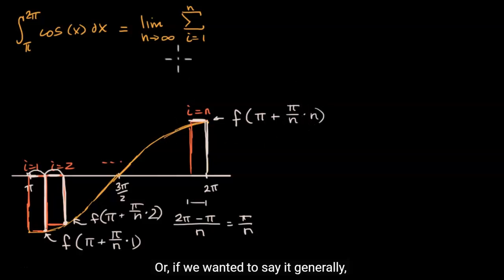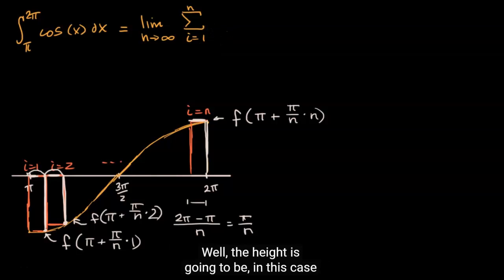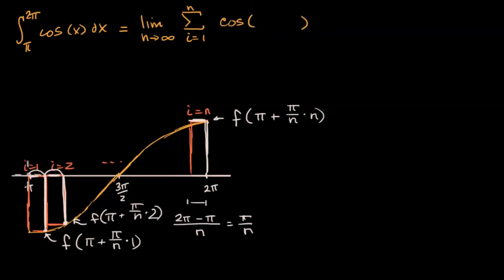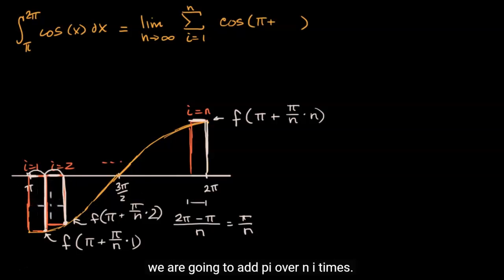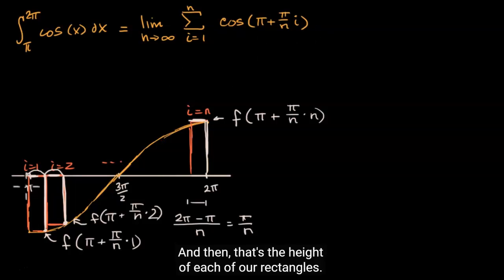Or, if we wanted to say it generally, if we're talking about the ith rectangle, remember we're going to sum them all up, what's their height? Well, the height is going to be cosine of pi plus, for the ith rectangle, we are going to add pi over n i times. Pi over n times i, and that's the height of each of our rectangles.